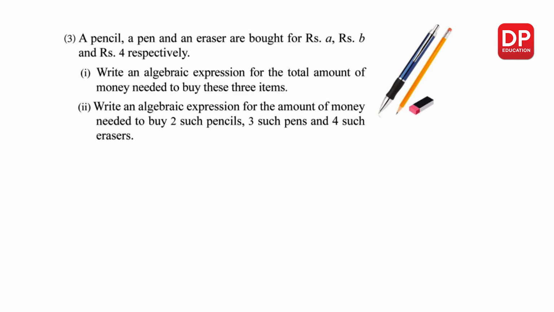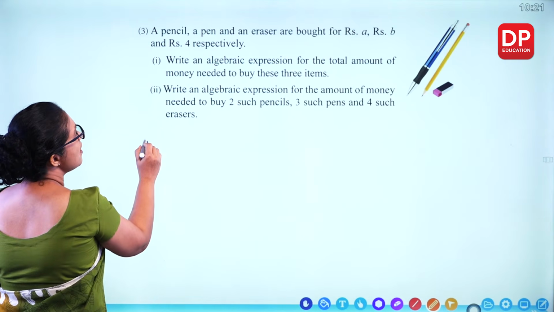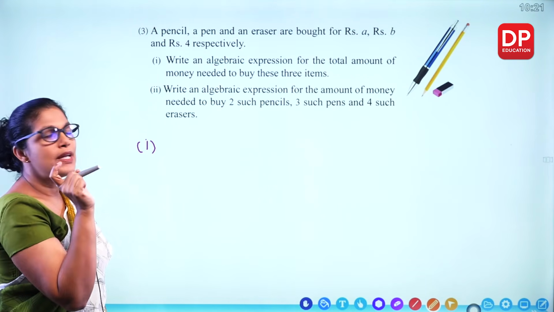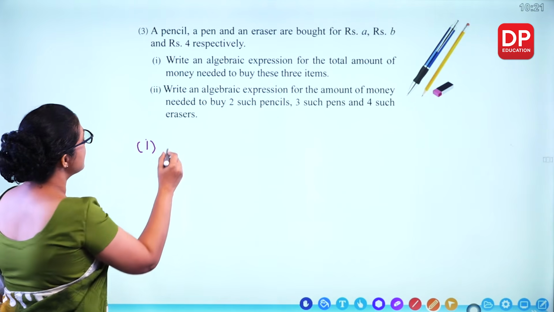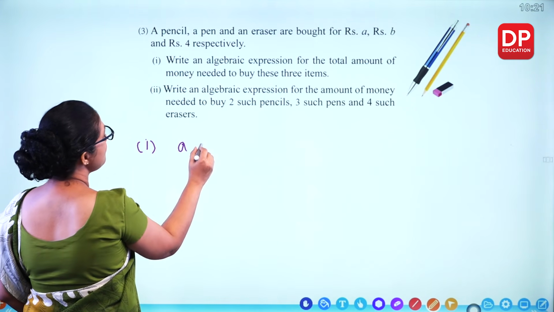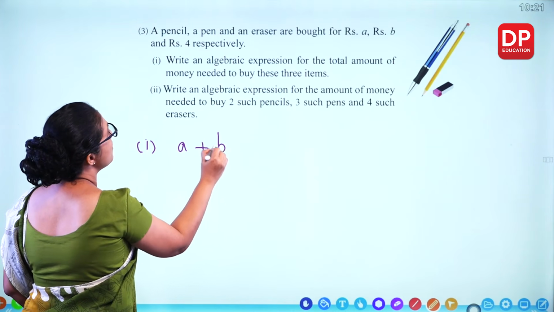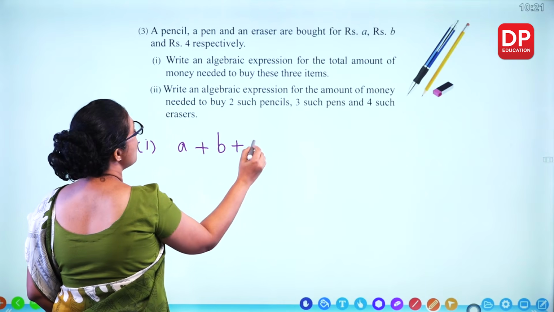Question number 3. A pencil, a pen and eraser are bought for A rupees, B rupees and 4 rupees respectively. Write an algebraic expression for the total amount of money needed to buy these 3 items. 3 items means a pencil, that's A rupees, a pen, B rupees and the eraser is 4 rupees.